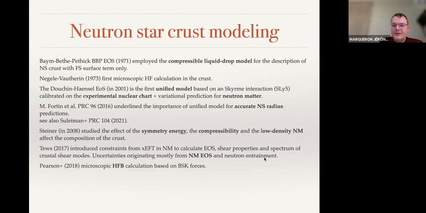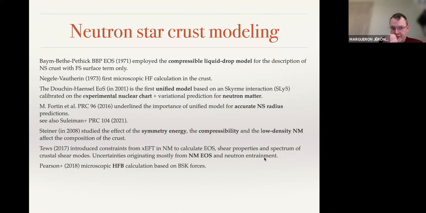In this case, it is a Skyrme interaction, SLy4. And this interaction has the advantage that it is calibrated on the experimental nuclear masses, as well as it incorporates some fit to variational predictions for neutron matter.